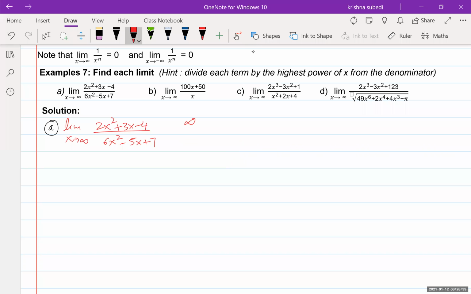Because there are different kinds of infinities. Some infinities are smaller than others. Some infinities are bigger infinities. Okay, infinity is actually a different kind of infinity. We'll do that in your advanced math course.